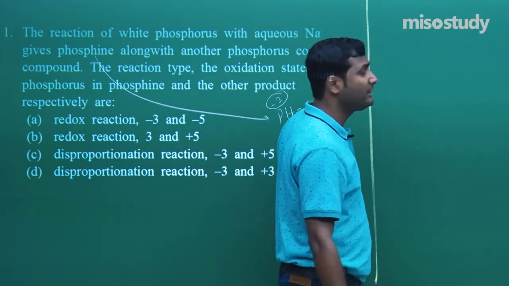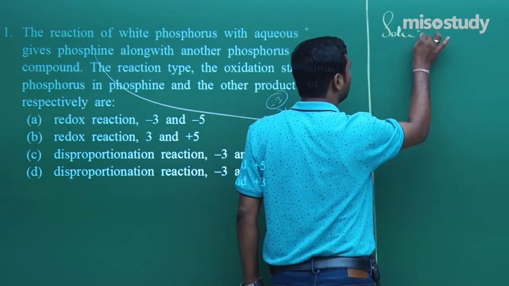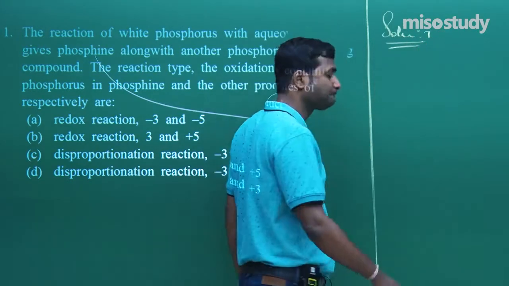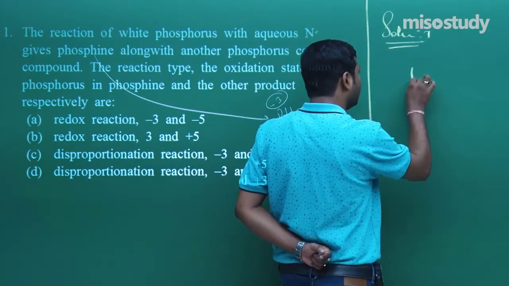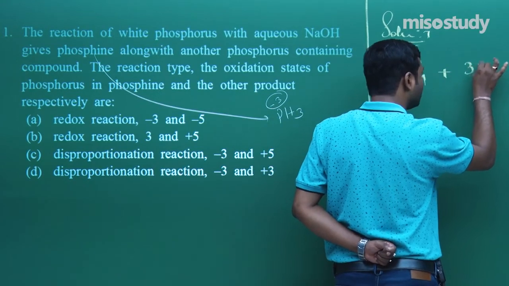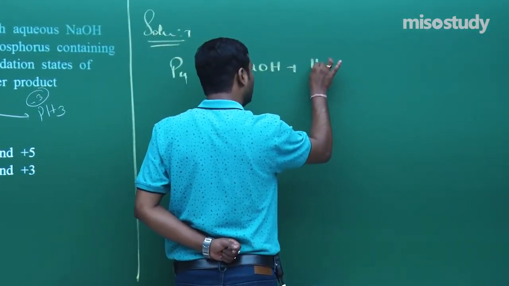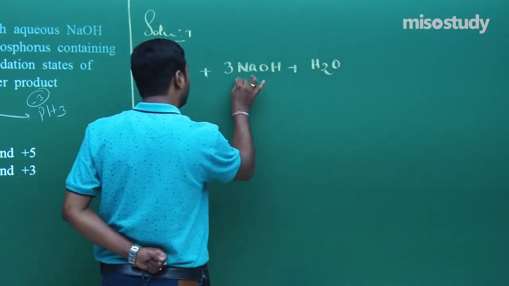So in this case, what we need to do, friends? We need to write down the equation. Look at what I am telling, listen carefully. White phosphorus P4 is treated with aqueous NaOH, put here NaOH and H2O. Now what will it give?